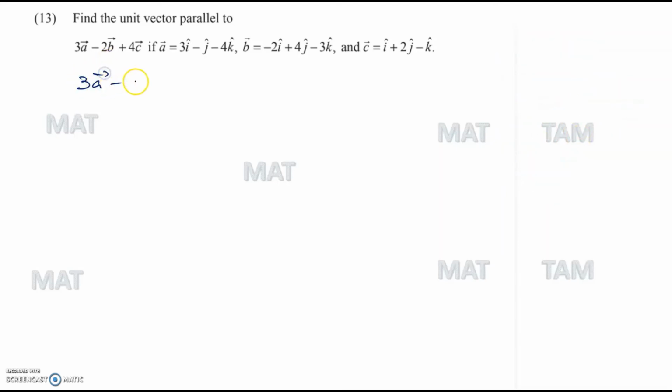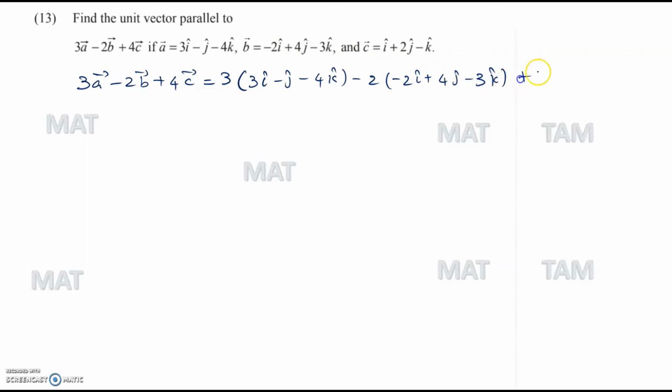3a vector minus 2b vector plus 4c vector will be equal to, substituting the values of a, b and c vectors, 3 times 3 i cap minus j cap minus 4k cap, minus 2 times minus 2 i cap plus 4 j cap minus 3k cap, plus 4 times i cap plus 2 j cap minus k cap.